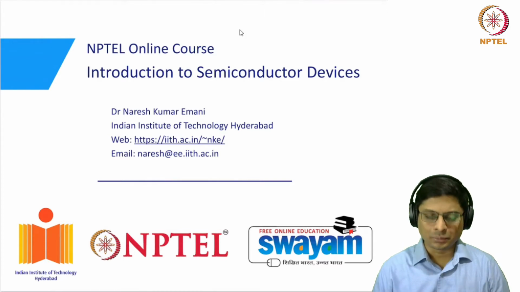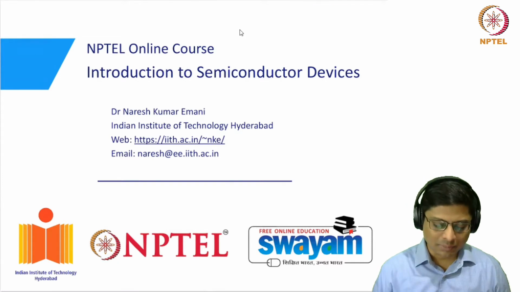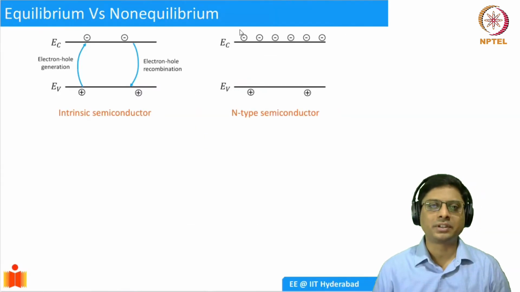So today we will move further and we will talk about one very important concept, which is known as non-equilibrium response. We have seen the equilibrium response many times so far.